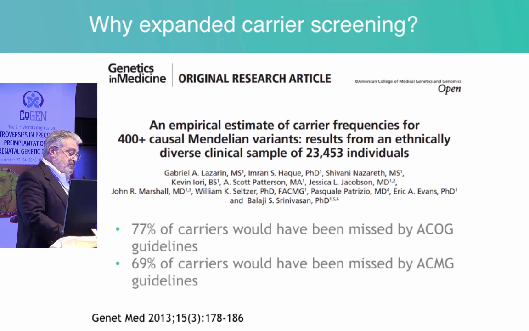And this was the first large study that was published looking at the effect of expanded carrier screening in 2013 with 23,453 individuals. And the bottom line for this study is that 70% of the carriers that were detected would have been missed by ACOG guidelines. 69% of the carriers would have been missed by ACMG guidelines.